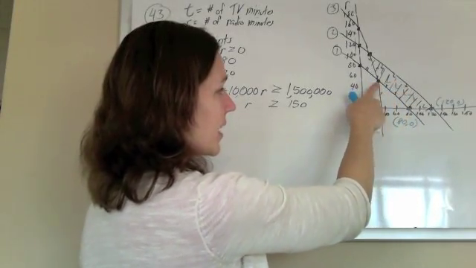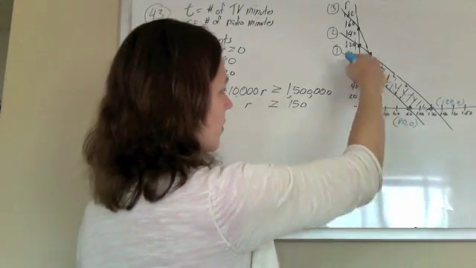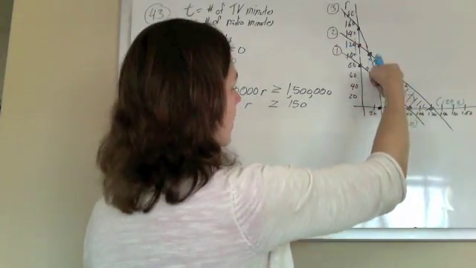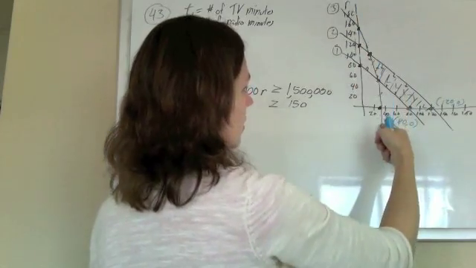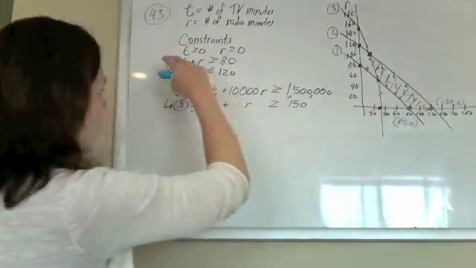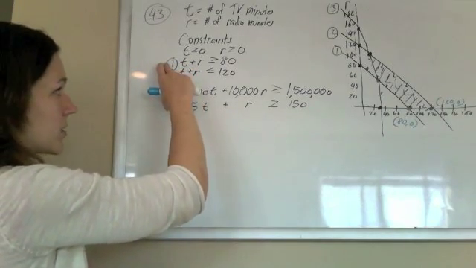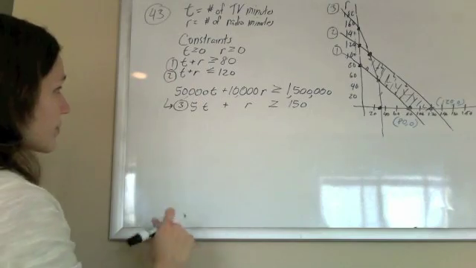That guy there is the intersection of line 1 and line 3. So to find the intersection of line 1 and line 3, 2 equations, 2 unknowns, you're just going to solve them.